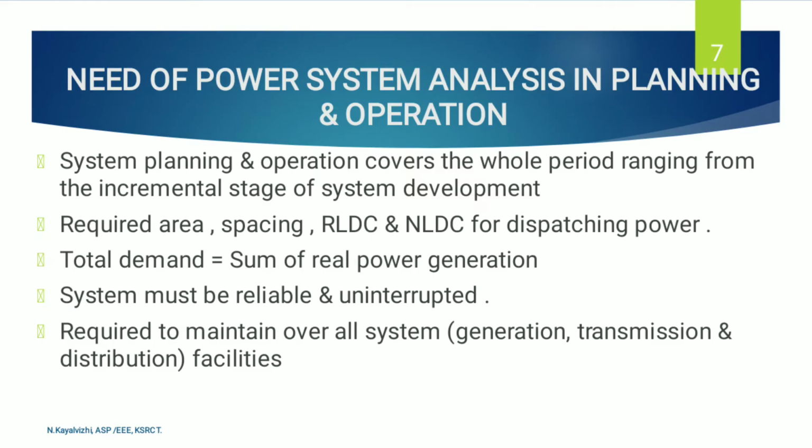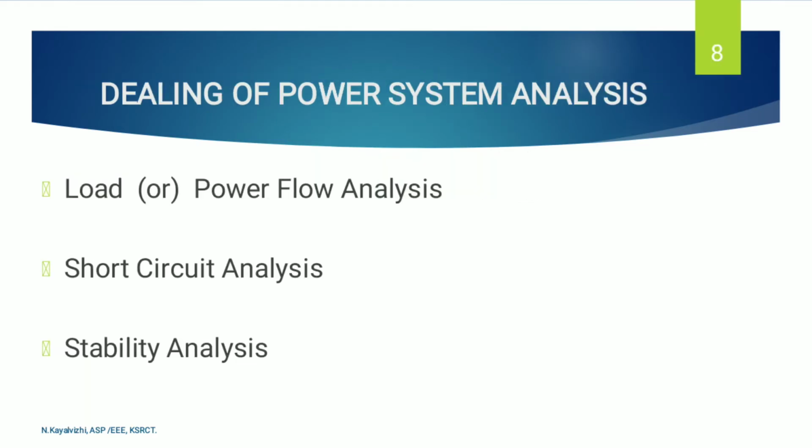Total demand is equal to the sum of the real power generation, so we have to generate that much equivalent power. The system must be reliable and uninterrupted, so not even for a second should it be interrupted, and it is required to maintain the overall system, like generation, transmission and distribution.